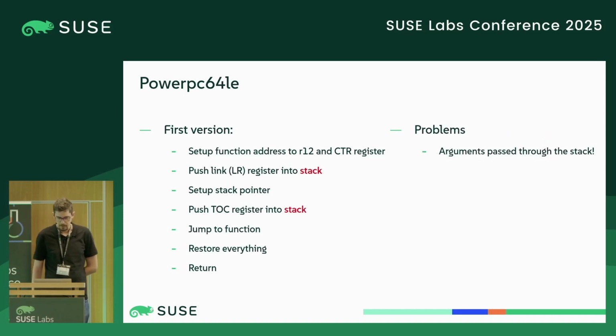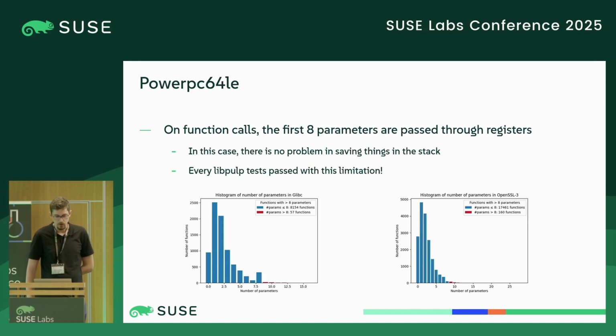However, as you can see, the arguments are passed through the stack, and it works most of the time, but there are some catches here. For example, the first 8 parameters of a function on powerpc64 are passed through registers. So if your function has up to 8 parameters, this approach will work.